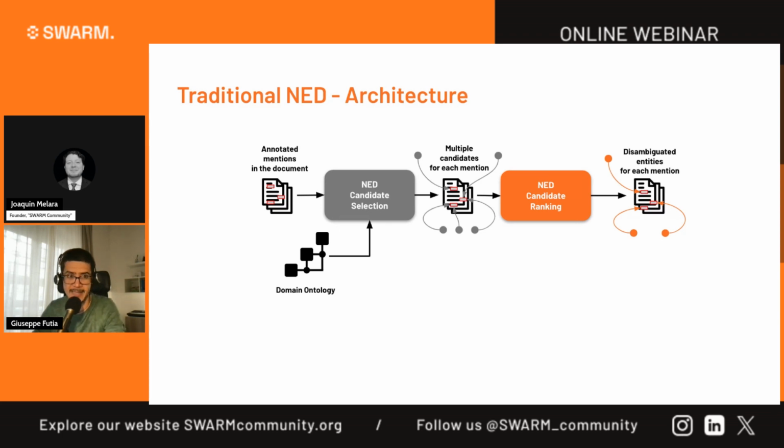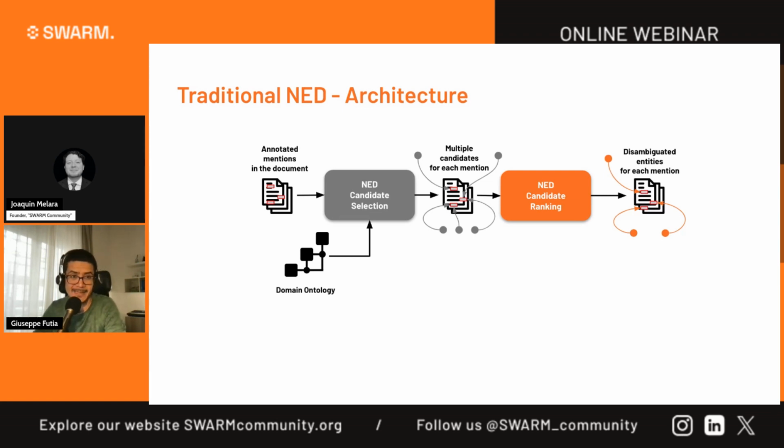Basically, the input is represented by some annotated documents with specific mentions, and then we have to understand which are the potential candidates related to each mention. The Zika syndrome, the Zika virus, and the Zika congenital syndrome are clear examples of potential candidates that can be associated with specific mentions.